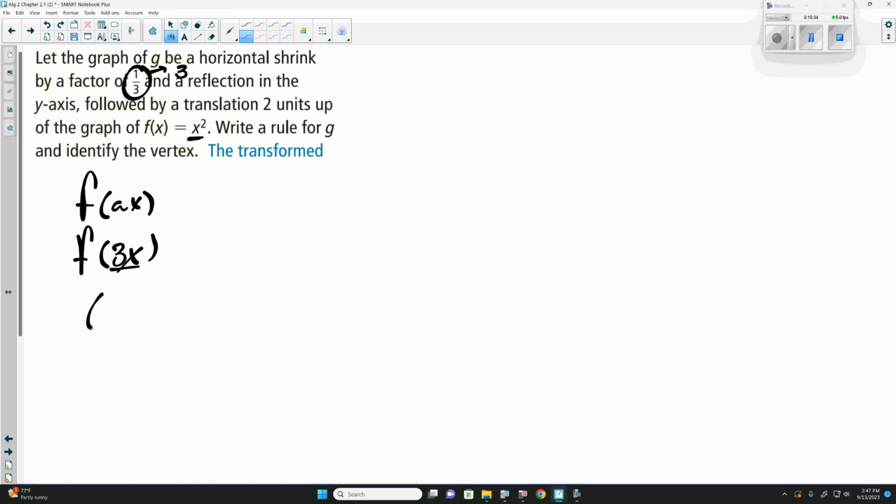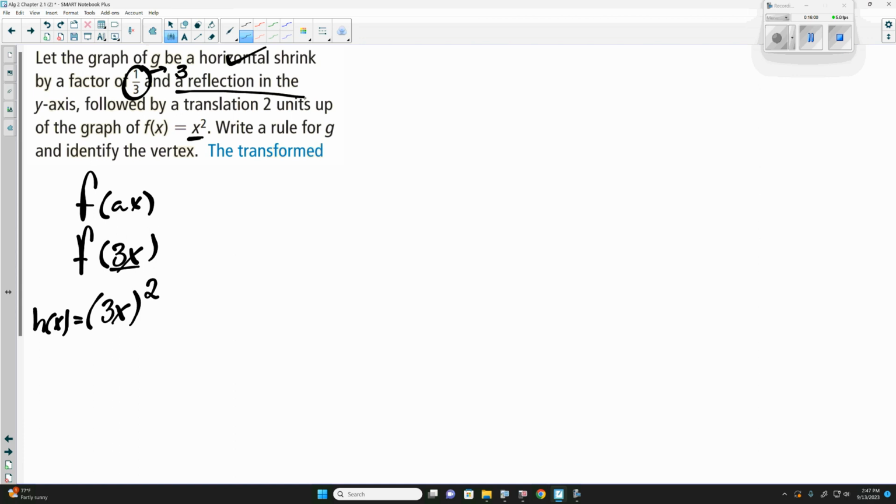So what we get is parentheses 3x close parentheses squared. And we can leave it as that there. I mean, we could go on and simplify it and multiply 3x times itself, which would give us 9x squared, but we can leave it as this here. So horizontal shrink of 1/3 done.